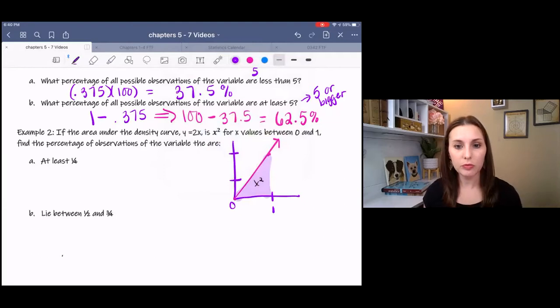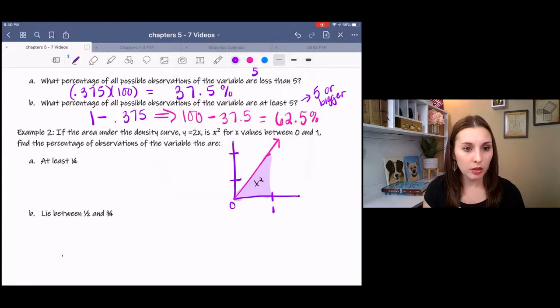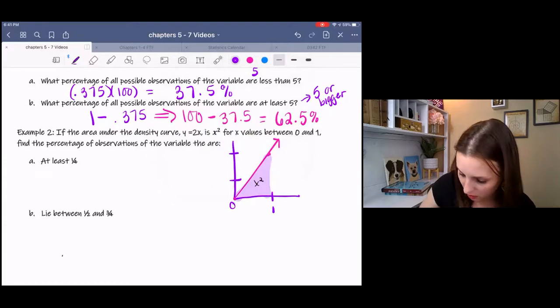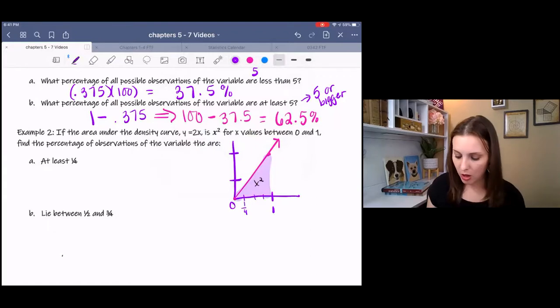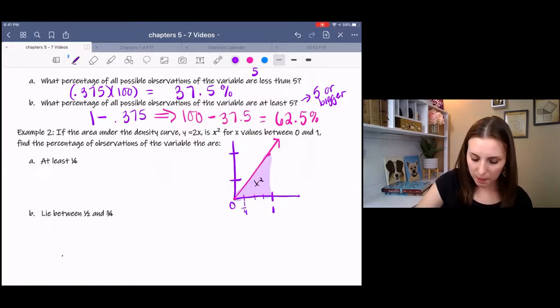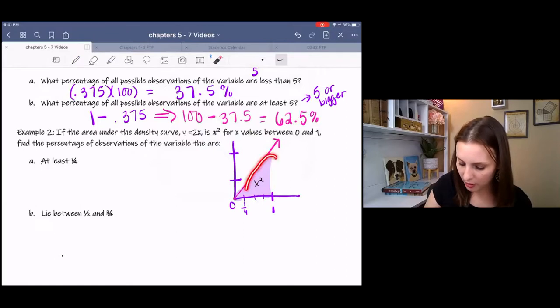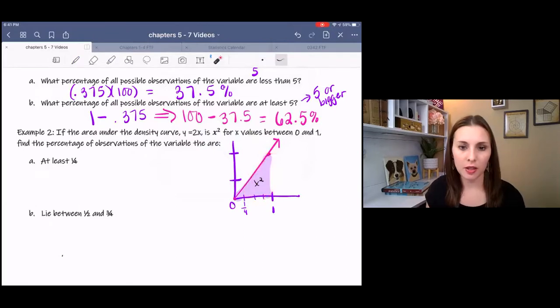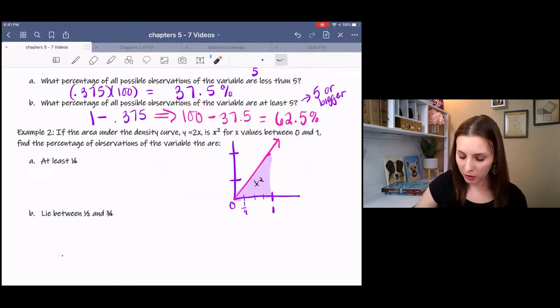So there's our area, and they're wanting to know the percentage of observations of the variable that are at least a fourth. So here's a fourth, which means they want this area, but we really only know how to find this area.